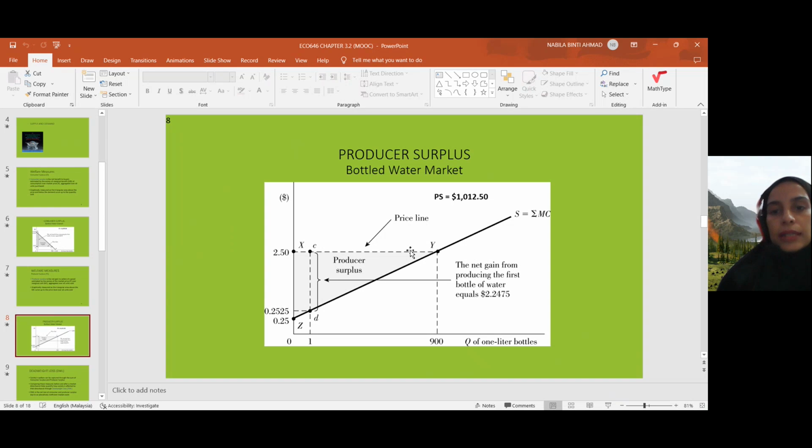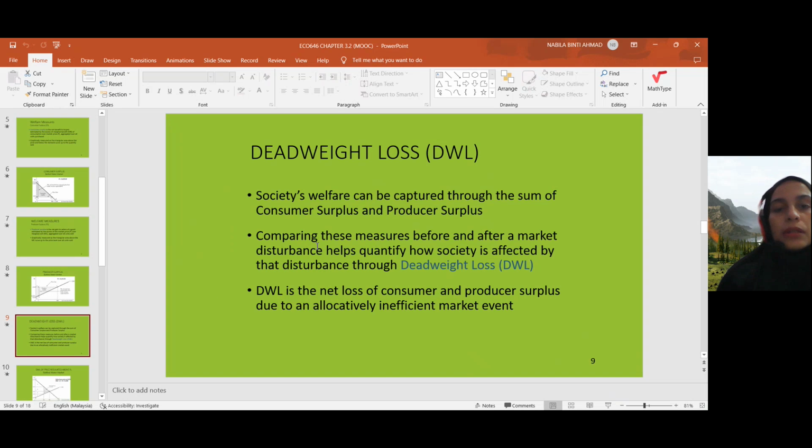So here, this is the triangle area of the producer surplus. And when we calculate this producer surplus, we will get $2.2475, right?